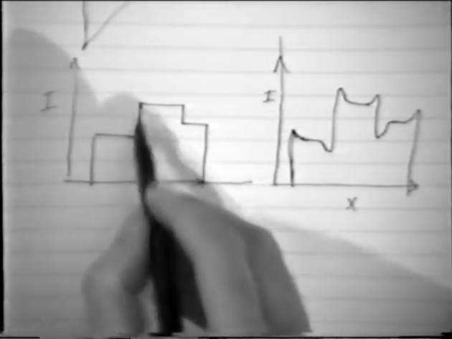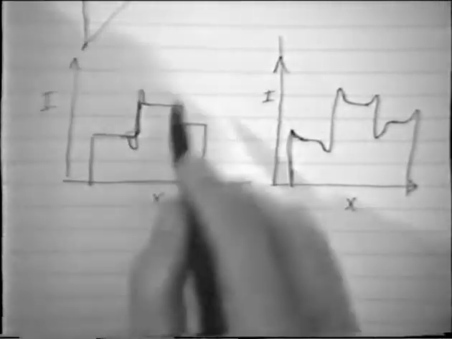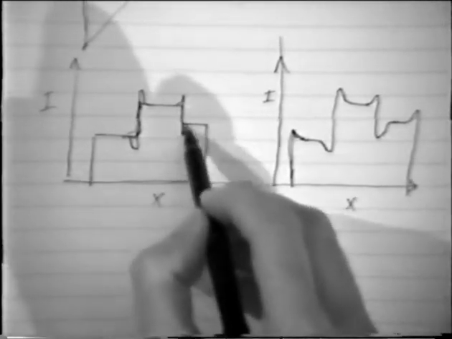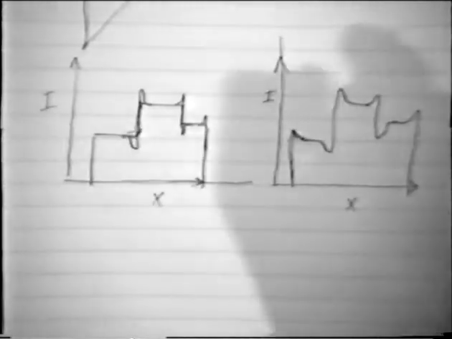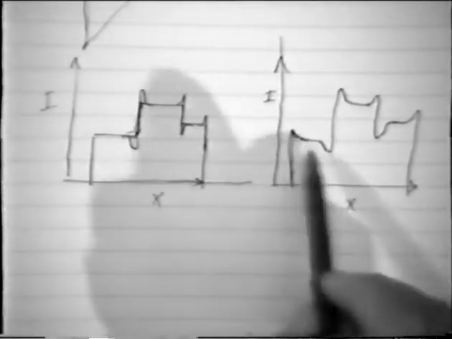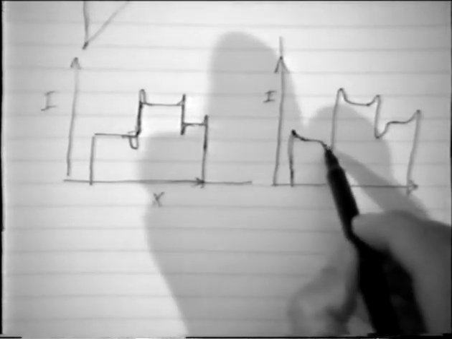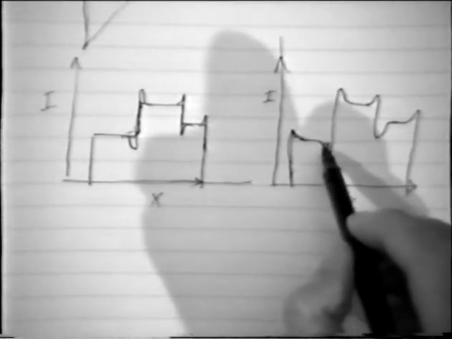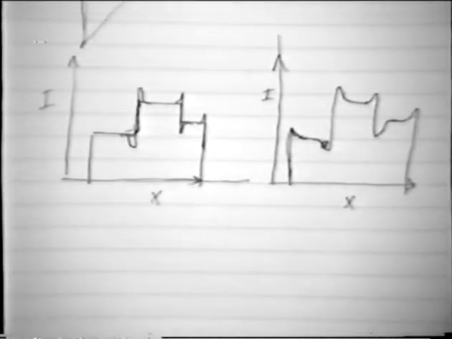There's your picture. Where the thing suddenly jumps up, the eye kind of exaggerates the jump a little bit. When the thing suddenly jumps down, the eye kind of exaggerates the jump down a little bit. So when you have a boundary between two different intensities, the thing looks a little bit brighter on the left side of the boundary than it really should, and looks a little bit darker on the other side of the boundary than it should.